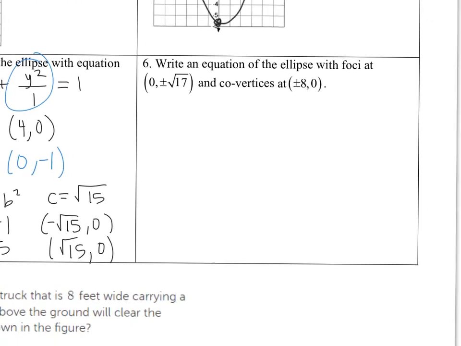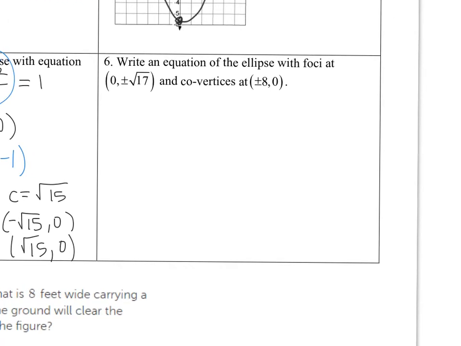And then number 6, write an equation of the ellipse with foci at ±√17 and co-vertices at ±8. So I'm going to have x squared over something plus y squared over something equals 1.